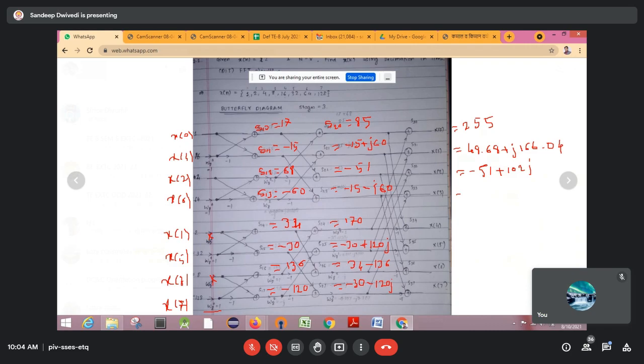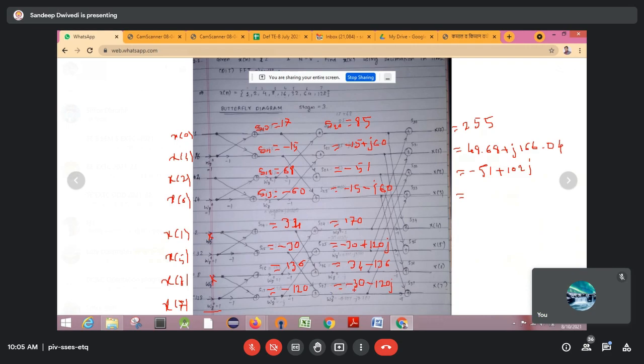Okay, then for x of 3, this one is s23, that is minus 15 minus j60. This value you need to add in this, along with the twiddle factor, and the value of the twiddle factor is minus 0.707 minus j0.707.